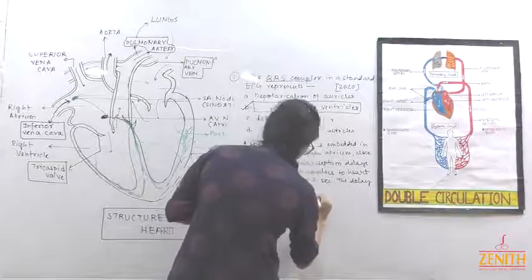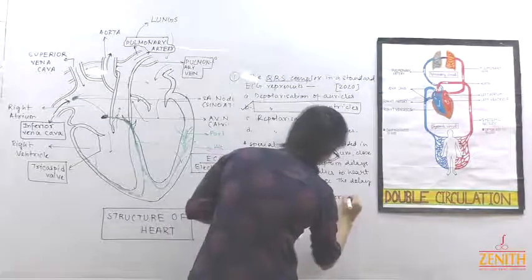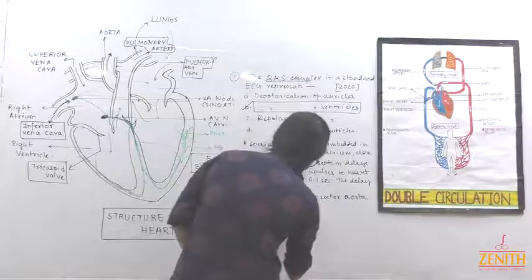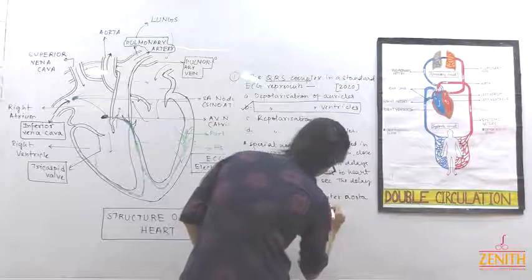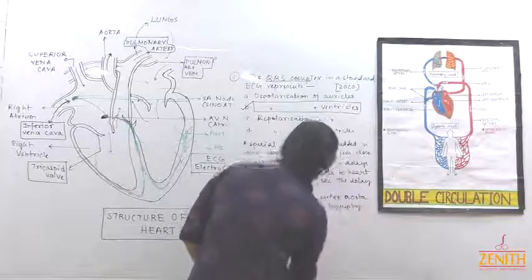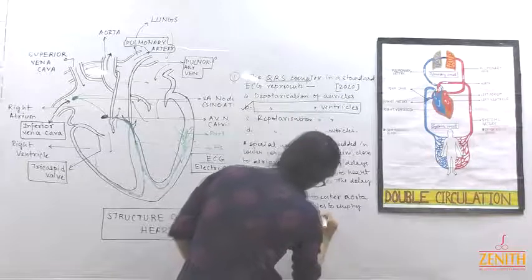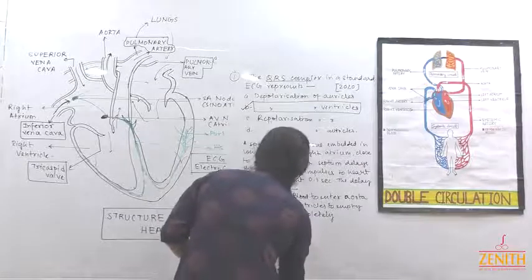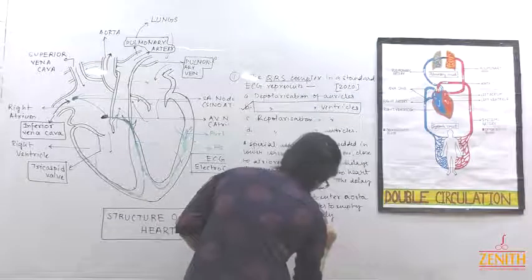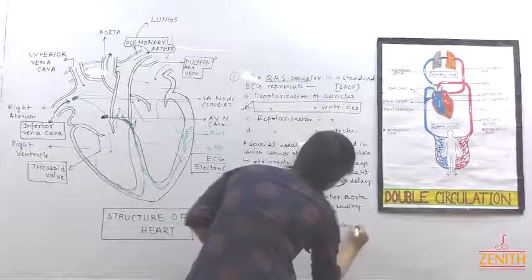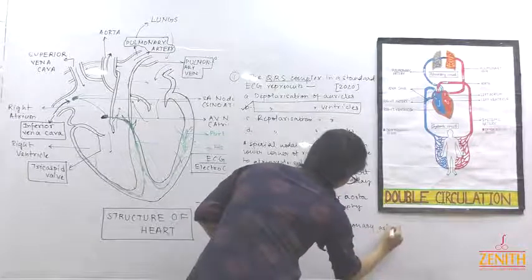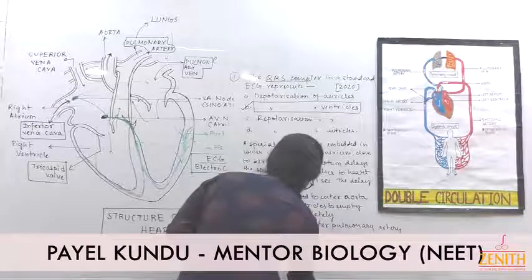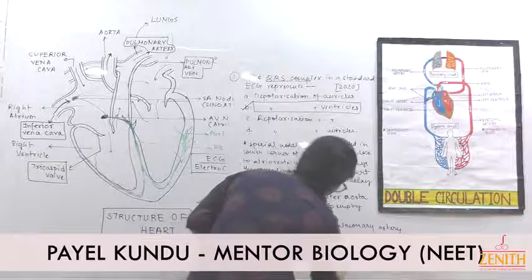Blood to enter aorta, ventricles to empty completely, blood to enter pulmonary artery, and the last one, the atria to empty completely.